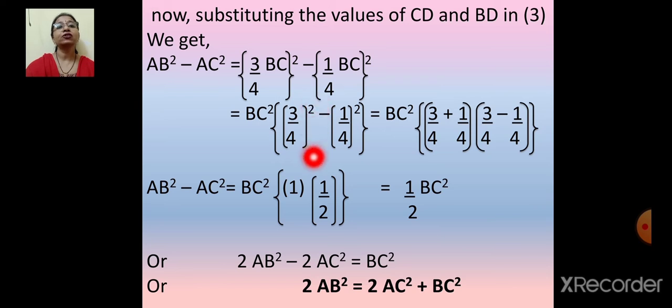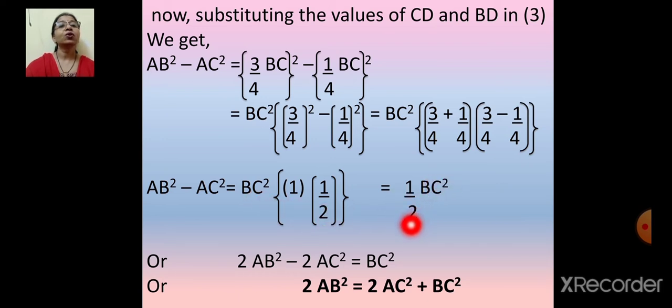You can directly square them, as their denominators are same, you just subtract the numerators. You will get the same answer. So here 3 plus 1, 4 upon 4 is 1, and 3 minus 1, 2 upon 4 is 1 upon 2. Okay. So AB square minus AC square is BC square upon 2.